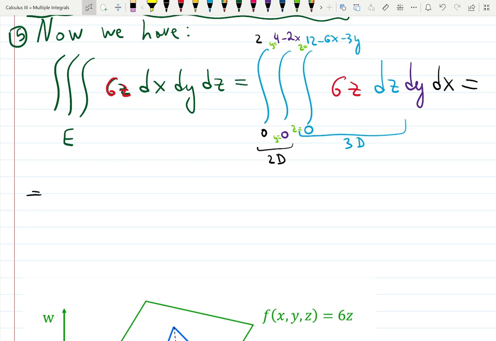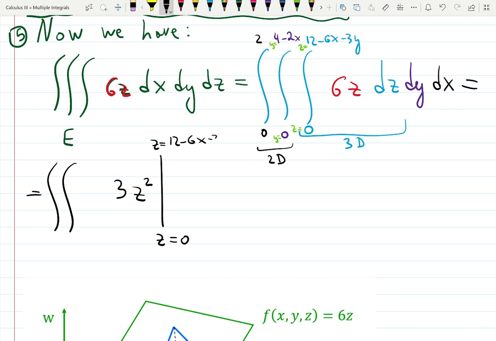6z with respect to z will give you what? 3z squared. All agree? Yeah, z squared over 2. Now, 2 integrals are waiting. That means I will have a bar, and it's nice if you write down z equals, because now you'll have three variables, to not get confused. From 0 to 12 minus 6x minus 3y, dy dx are waiting.